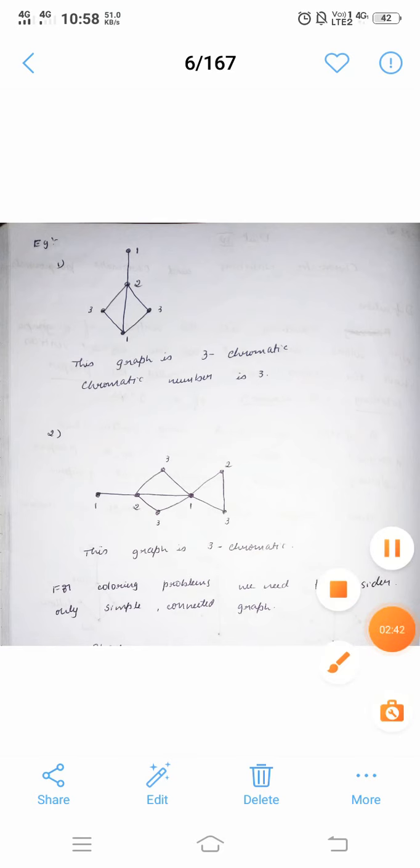Also, we are not considering self loops and parallel edges here because to prove some of the theorems, it will give us a contradiction. So we are restricting self loops and parallel edges here.